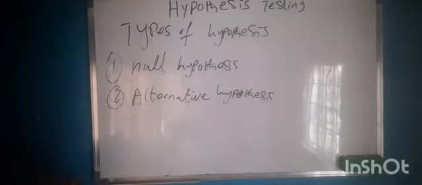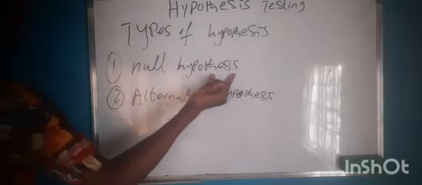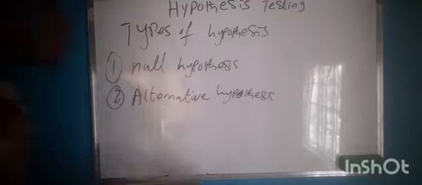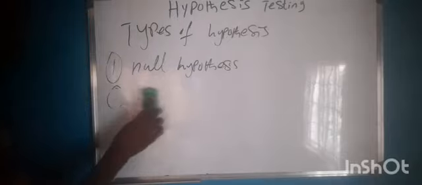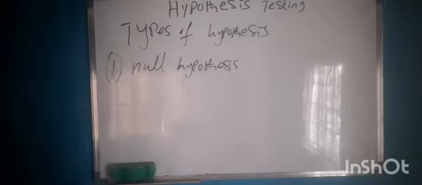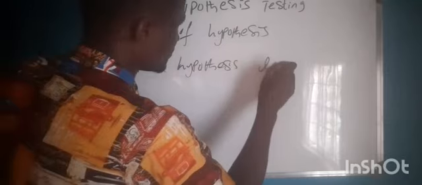What did I say? We have the null hypothesis and the alternative hypothesis. Now let's start with the null hypothesis. The null hypothesis is normally denoted as H0. So we use H0 to denote a null hypothesis.